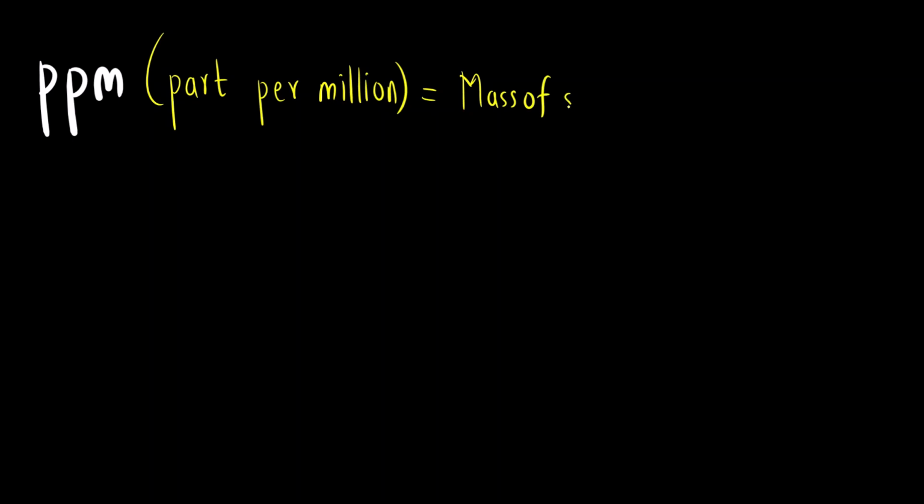So the next concentration term, this is very important, ppm, that is part per million. What is the formula for part per million? It is mass of solute divided by mass of solution into 10 raised to 6.